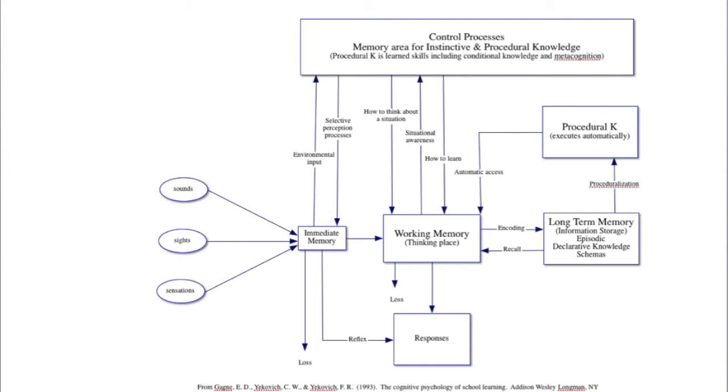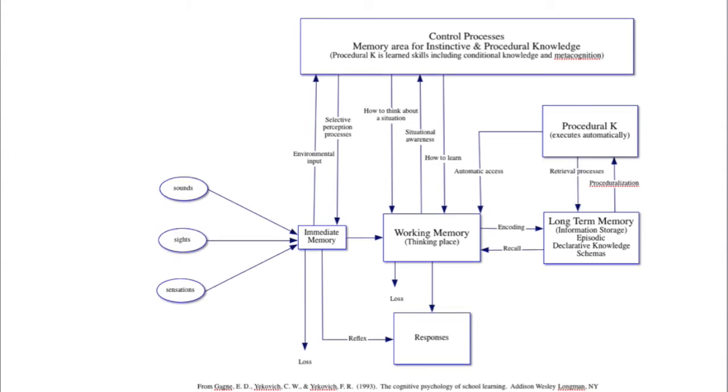So that's something that we need to account for in this model. Another thing that we want to make sure we account for is the fact that procedural knowledge can work with declarative knowledge to make more complicated procedural knowledge. So this entire process actually can go on and on to build more complicated procedural knowledge, but that actually has to take place in working memory.